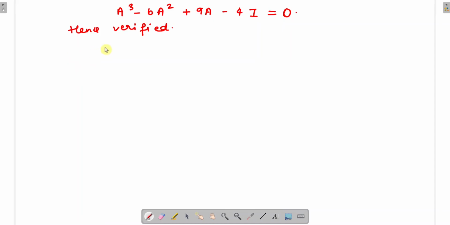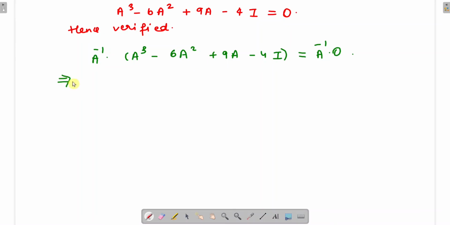For that, we have to multiply A inverse on both sides of the equation. So what we will get: A inverse times A cube minus 6A square plus 9A minus 4I is equal to A inverse times the 0 matrix.